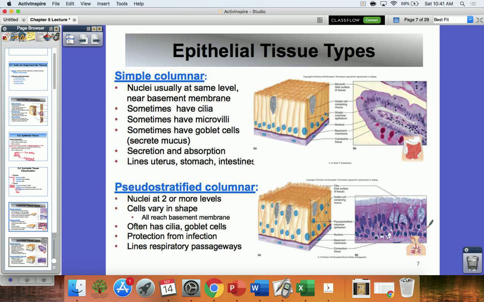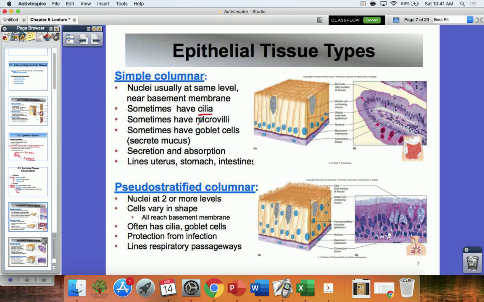A unique thing to the simple columnar is that they will sometimes have cilia. And cilia, if y'all remember, are those hair-like projections that help with movement. So you'll find this at the free surface of those cells.